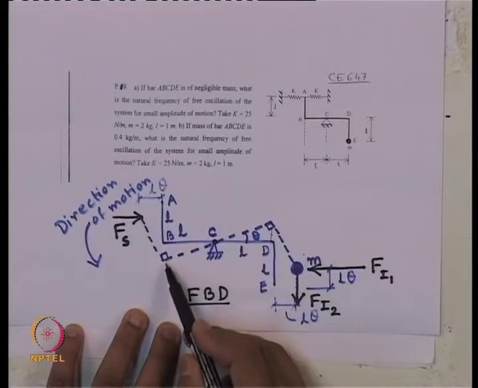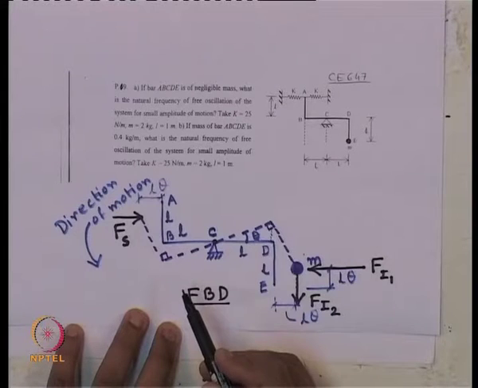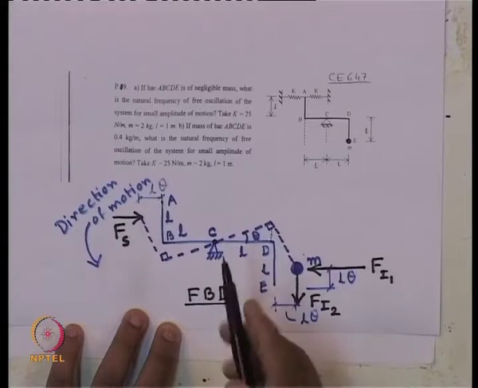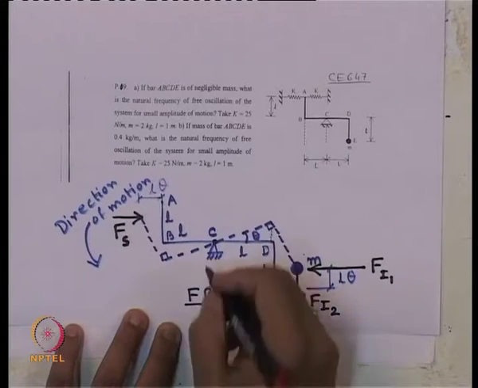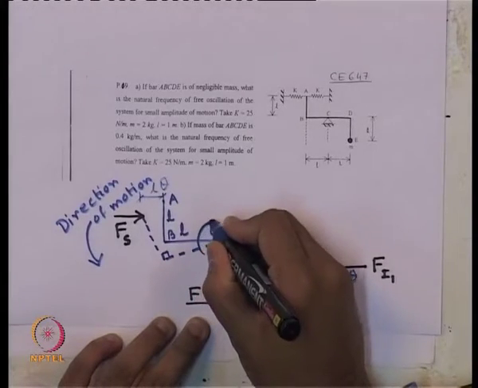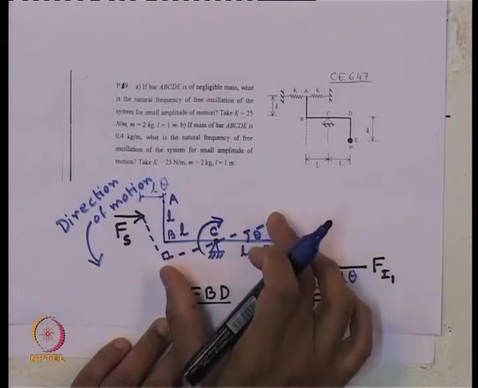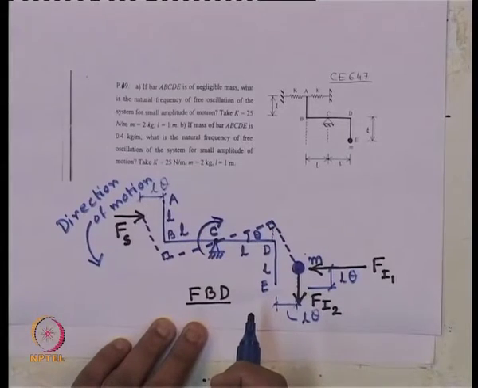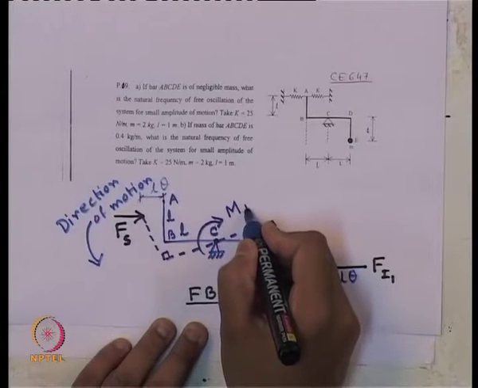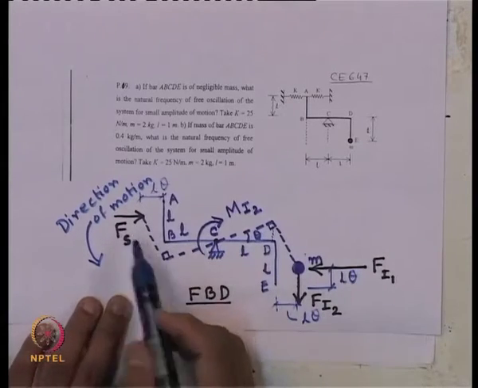When we take the mass moment of inertia for this rod, only the torsional inertia force will come, which will try to bring it back to its original position. So we will have an inertia force for this segment BCD acting in this direction. Let us say that is M I 2, which I am using for this segment.